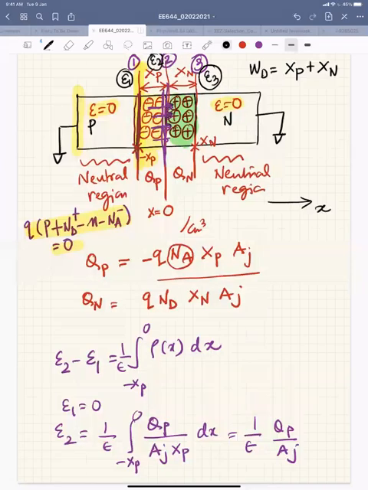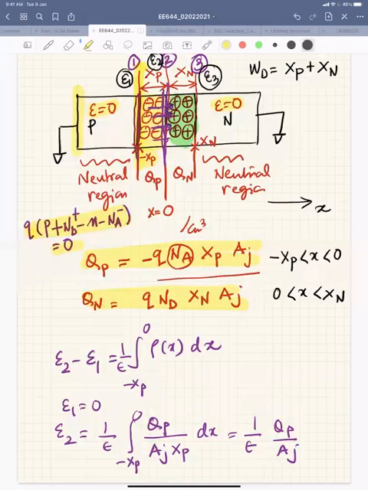Similarly Qn is the charge between 0 and xn. Na is the volume charge density per centimeter cube. So Qp is minus q times Na into xp into Aj, and similarly Qn is q times Nd into xn into Aj.